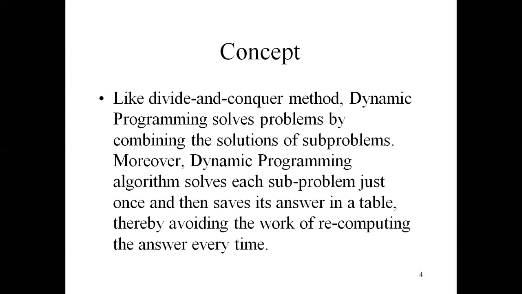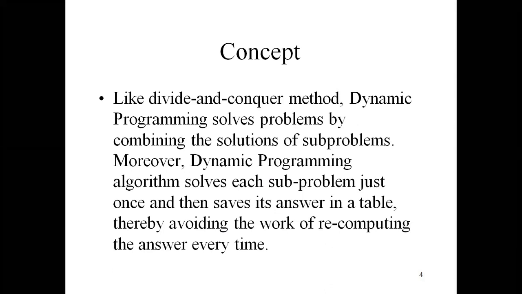Here we already discussed what the divide and conquer method is. In the divide and conquer method, we divide the entire problem into a number of subproblems and find the solution to each subproblem to get the solution to the original problem.